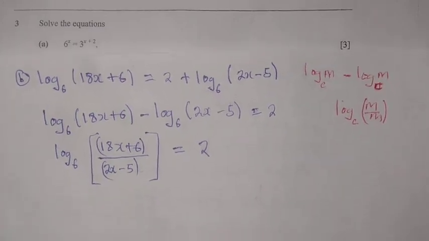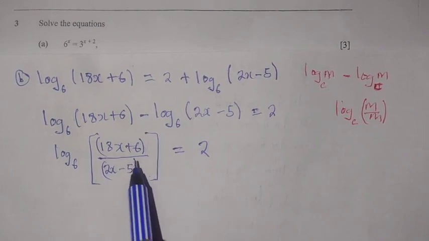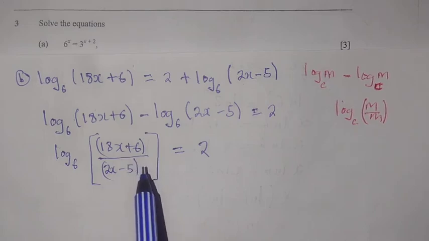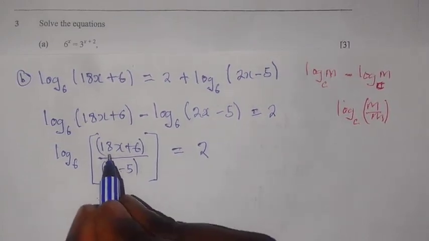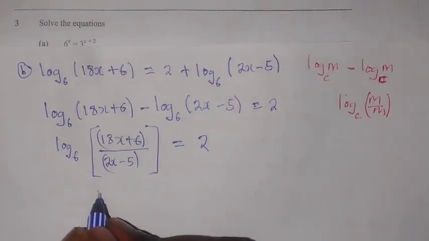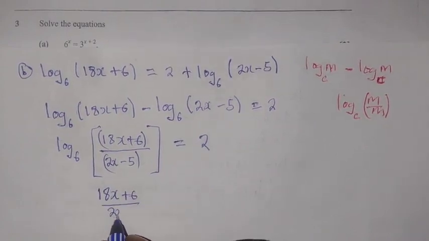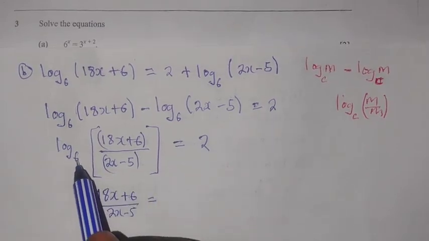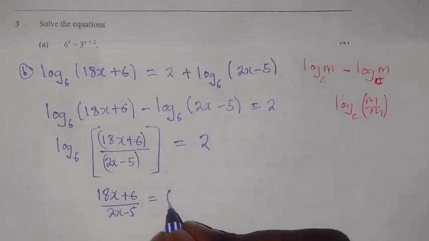Then from this stage, what's next? From this stage, what you have is the logarithmic equation, so you can change from logarithmic form to exponential form. So we are going to write 18x plus 6 divided by 2x minus 5 equal to, so this base for the log, which is 6, becomes the base here, 6.